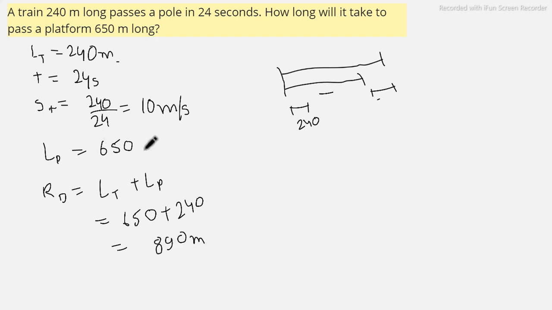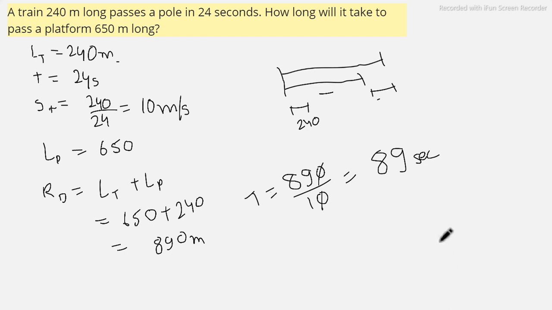Now we'll calculate how much time it will take. So time is distance by speed, that is 890 by speed, which is 10 meter per second. So this gives 89 seconds to cross this platform of 650 meter long.